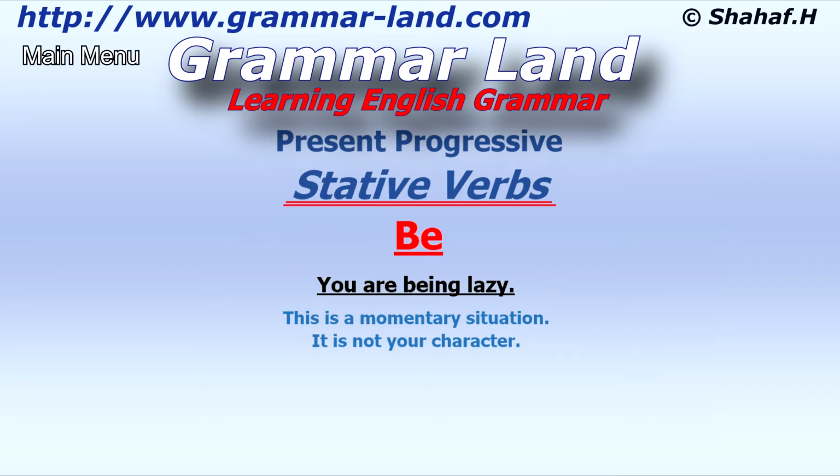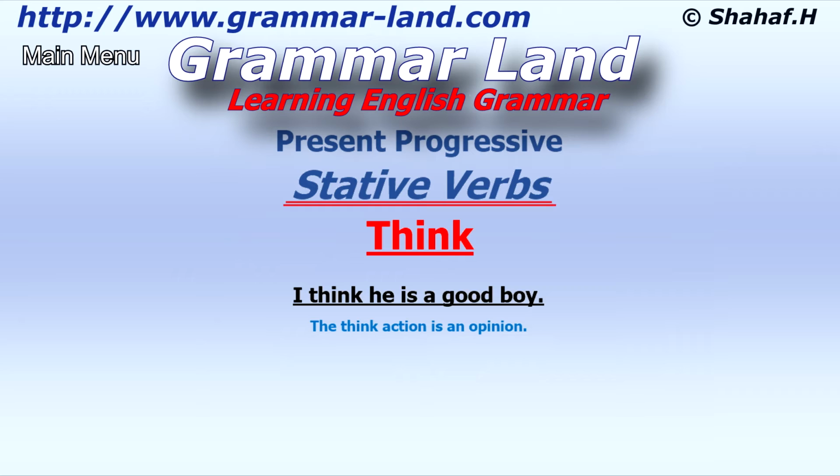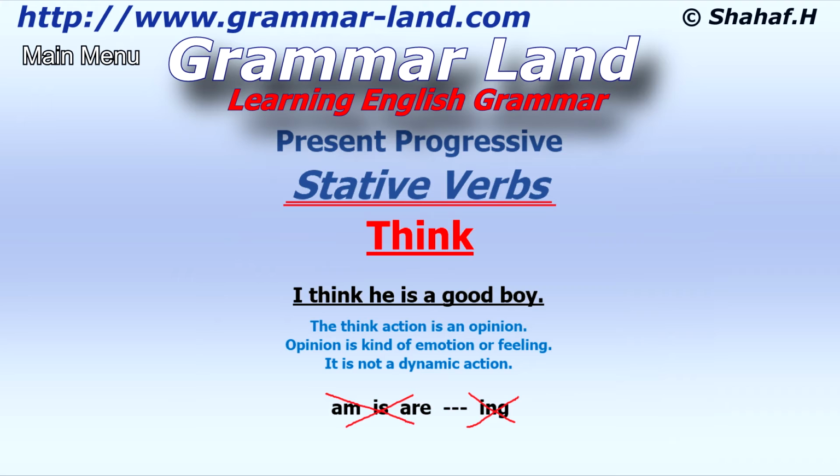Another example, the verb think. I think he is a good boy. Why the above? Because the think action in this case is an opinion. Opinion is a kind of emotion or feeling. It is not a dynamic action, so even though I think now, we do not use am, is, or are, plus ing here.